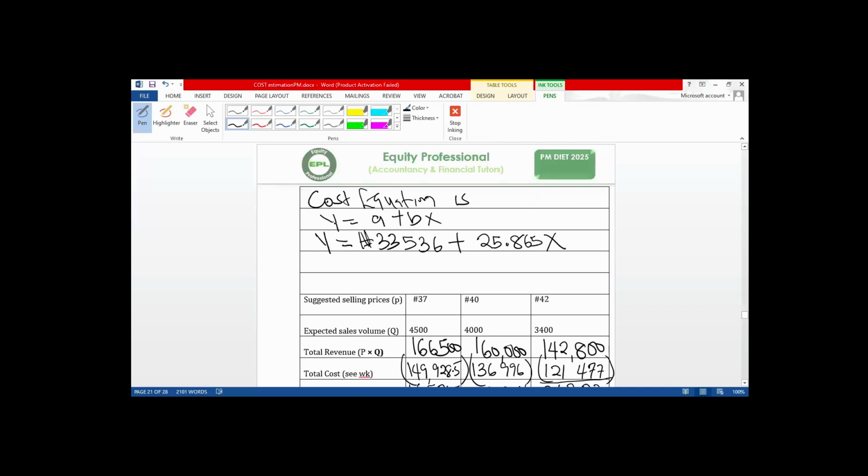The cost equation is Y equals A plus BX, where your Y is your total cost. Your small letter A is your fixed cost.